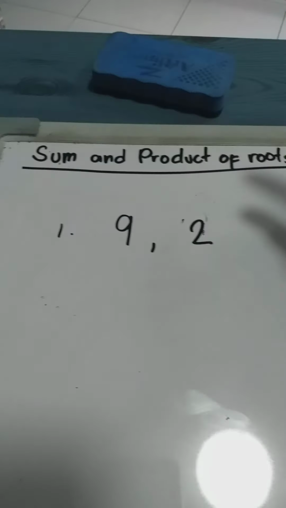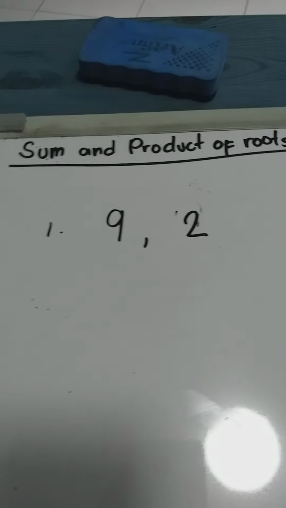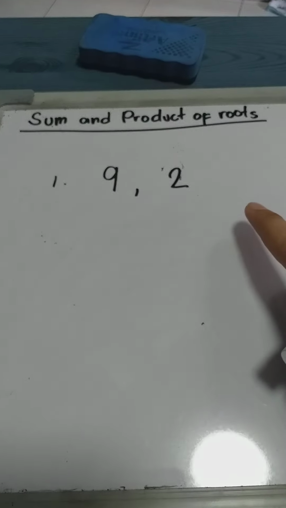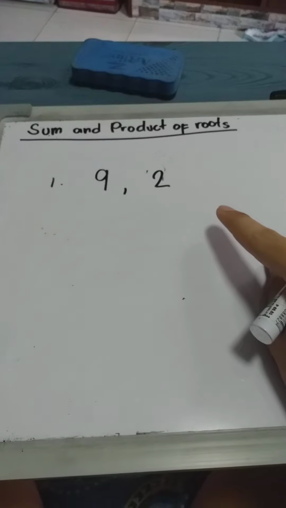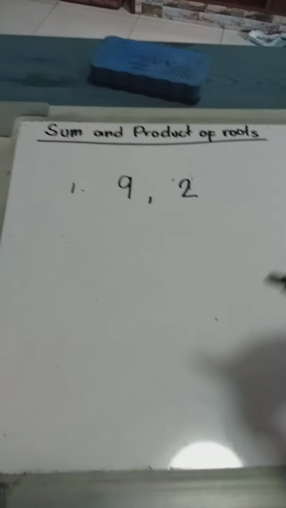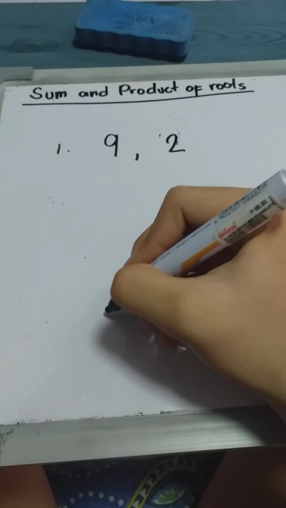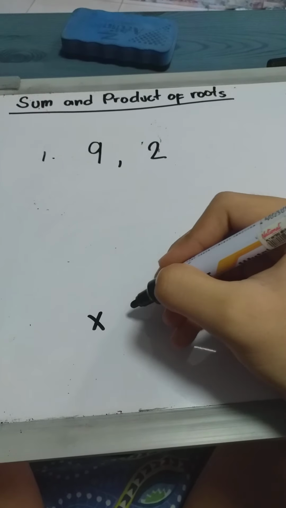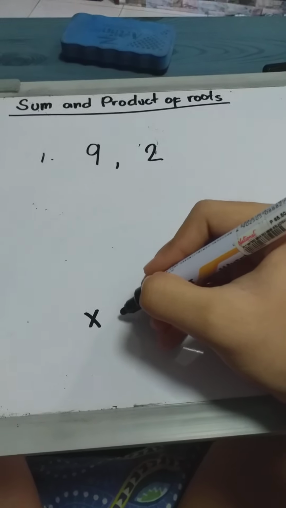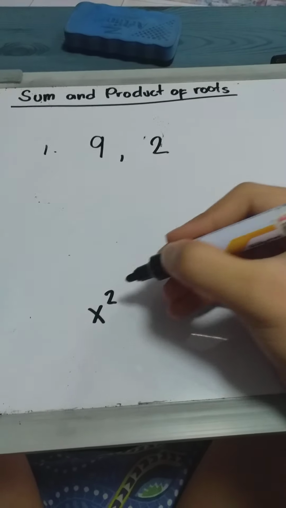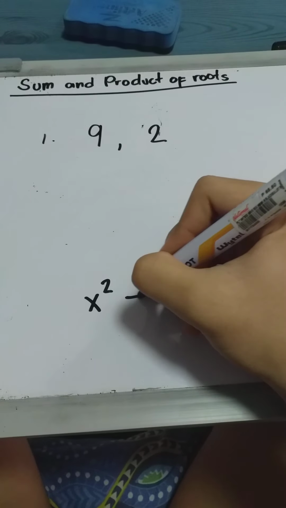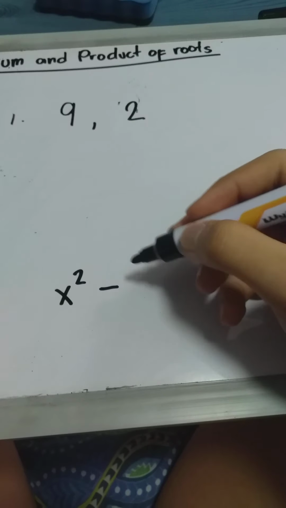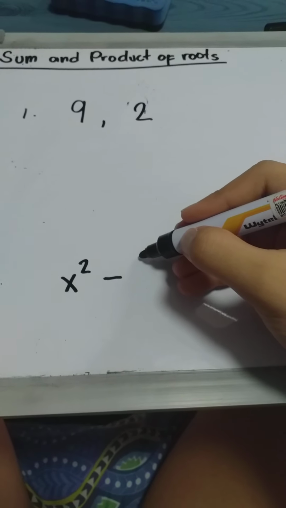This is where the sum and product of roots come into place. In order to make a quadratic equation, you must follow the formula: x squared, because it's a quadratic equation, then minus. This minus is consistent.